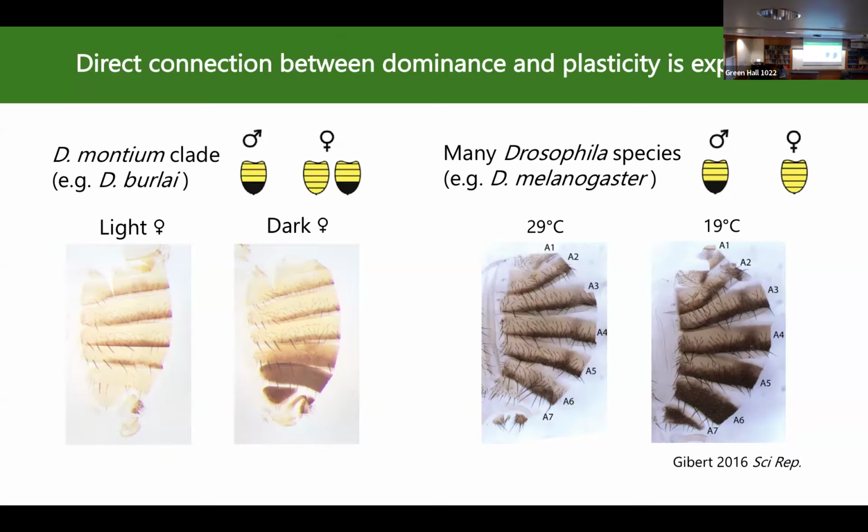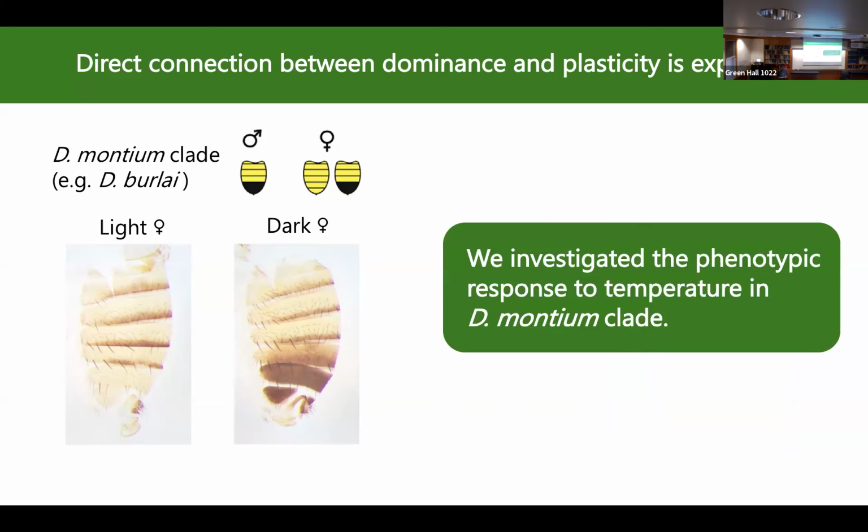So in this clade, the difference is made by genetic difference, whereas in this case the phenotypic difference is created by the environmental effect. But in the montium clade, the effect of temperature was not examined, so we investigated the phenotypic response to temperature.